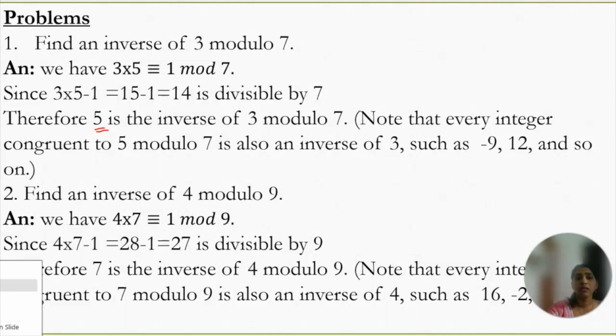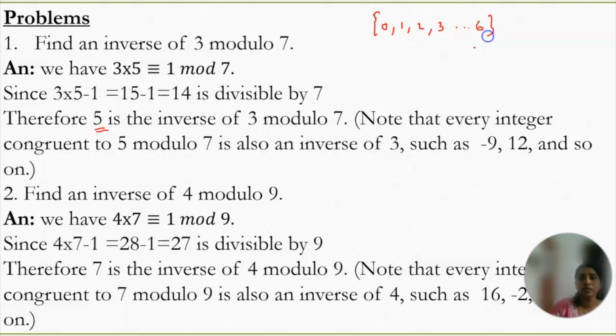In modulo 7, we have only the numbers 0, 1, 2, 3, up to 6. So the inverse of 3 modulo 7 is the number A bar such that 3 A bar is congruent to 1 mod 7.